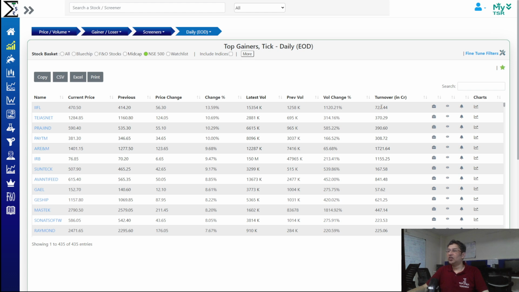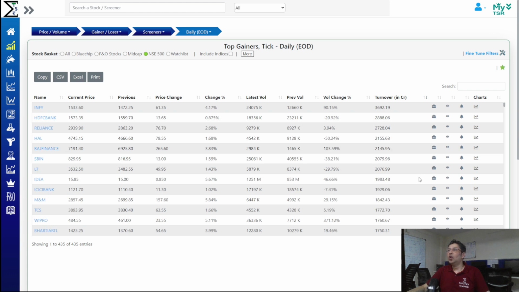Now, if you see some of the stocks over here, like this stock ARENM, even though it has gone up by 9.68%, its turnover is more than double that of IIFL. So let's try to sort these in a slightly different way, on turnover.